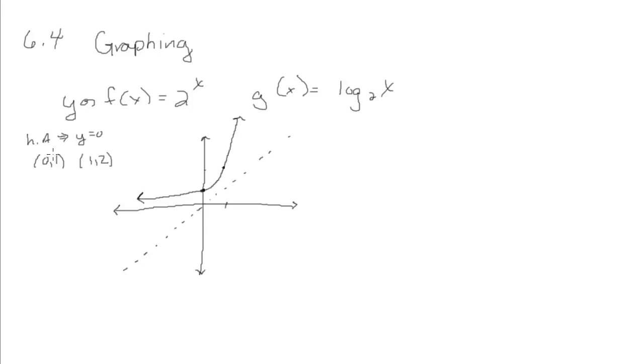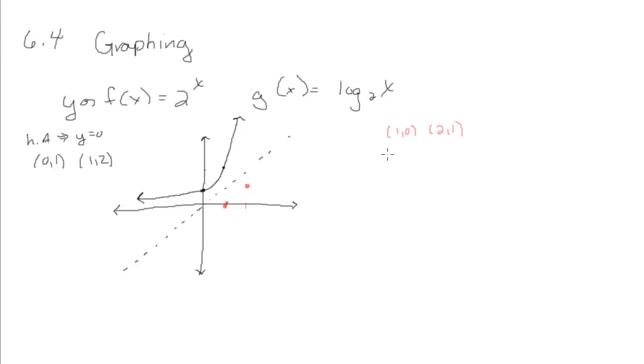Okay, so now let's take a look at what we can come up with for y equals log base 2 of x. So if 0, 1 is on the graph of 2 to the x, then I know that 1, 0 will be on the graph of its inverse. So 1, 0 is on the graph of this function, and since 1, 2 is on the graph of 2 to the x, I know that 2, 1 will be on the graph of its inverse.